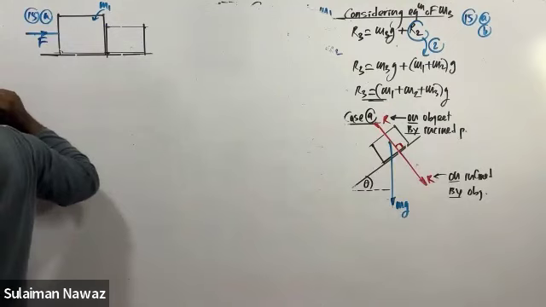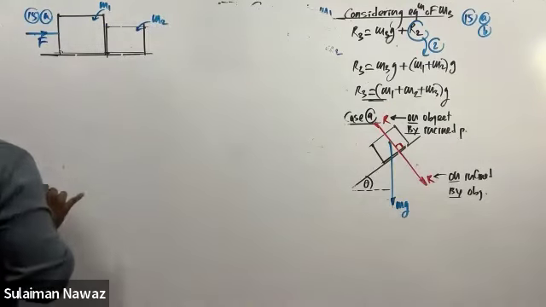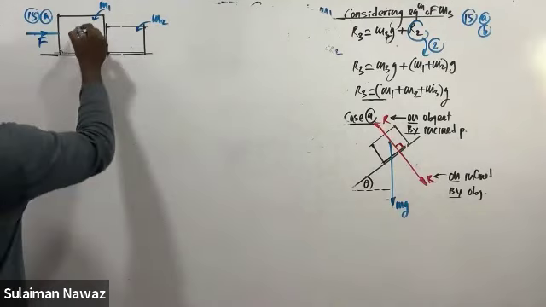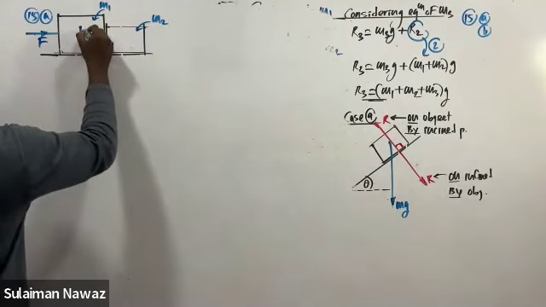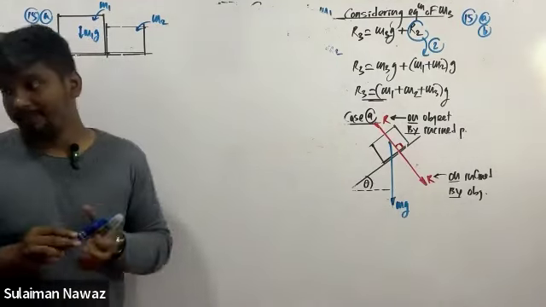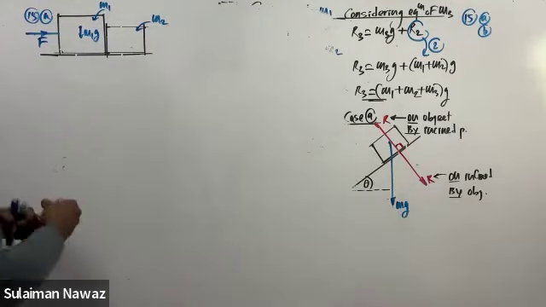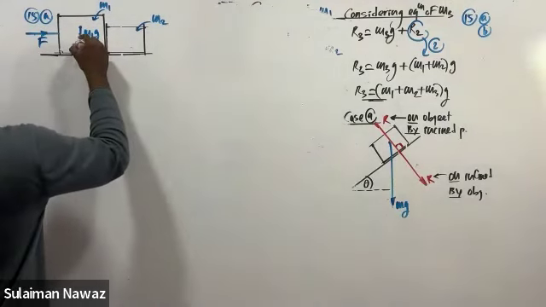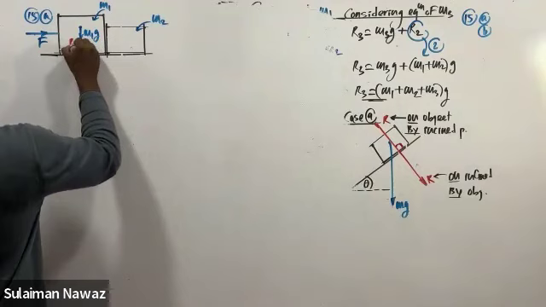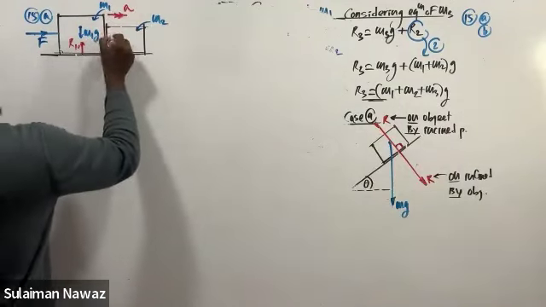This one is M2. If I mark the forces, M1G weight downwards, normal reaction force R1. I want to find R1 also, R2. Acceleration of the system, I want to find A.